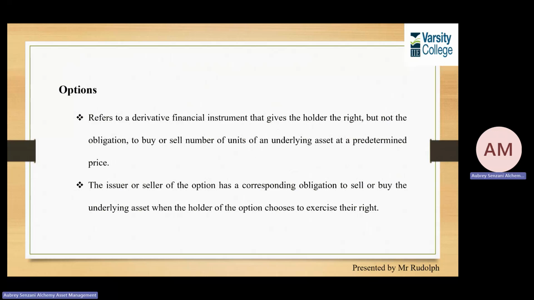That means you have the right to purchase Apple shares at a certain price for a certain period of time, isn't it? So, can you see the value of the option? The premium you're going to pay to buy or own that option is going to be based on the value of an Apple share. Can you see why we call it derivative? It's deriving its value off of the value of an Apple share.